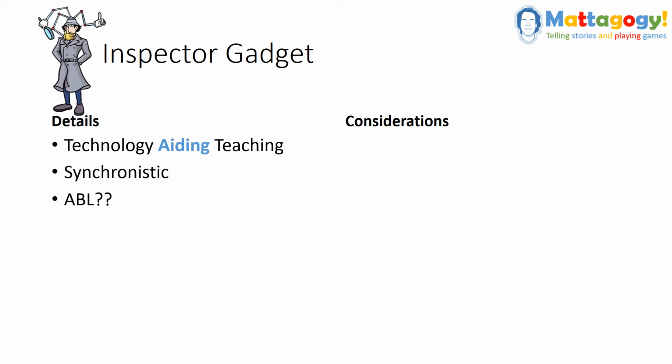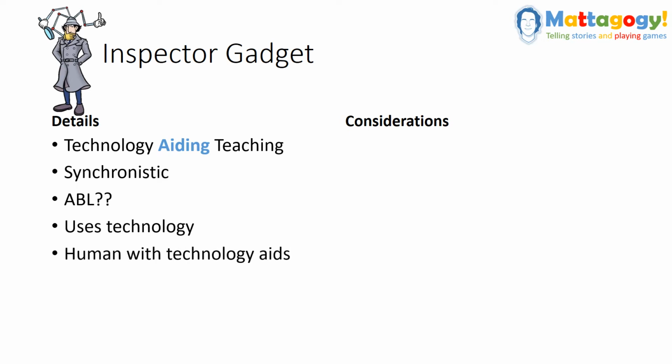So you choose the different activity that will help facilitate that learning, and then your module is a combination of loads of different activities. And that's where Inspector Gadget, go Gadget, arms, legs, helicopter, whatever. So you just choose the best requirement for that moment in time. Although if you ever saw Inspector Gadget, he never did. So you use technology. That's what it's all about. There you go. So it's the human with the technological aids, as I said at the beginning.